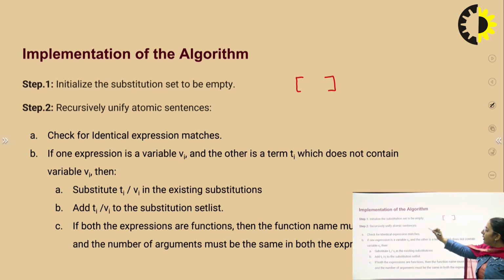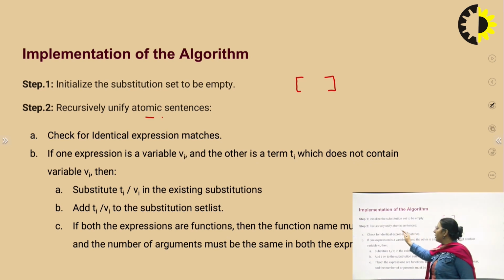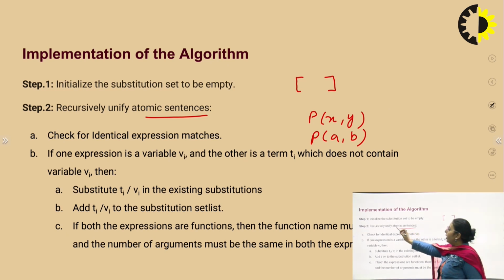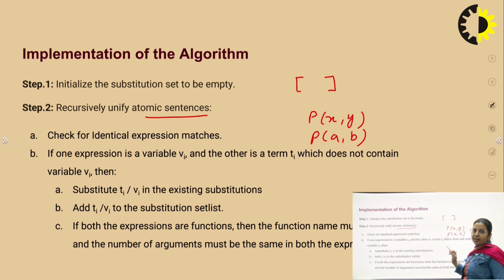Next, recursively unify atomic sentences. If the expression is P of X comma Y and P of A comma B, we first unify these two terms, then we unify these terms.